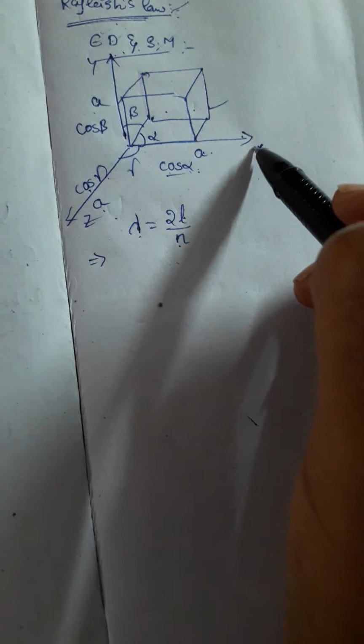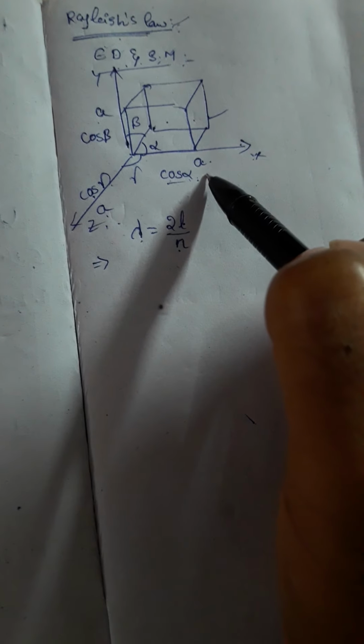Along the x-axis, y-axis, z-axis we have some lengths. So how to write? Along the x-axis direction the wavelength is lambda equals 2 into the length, a into cos alpha, by n1. This n1 is the integer along the x-axis direction.